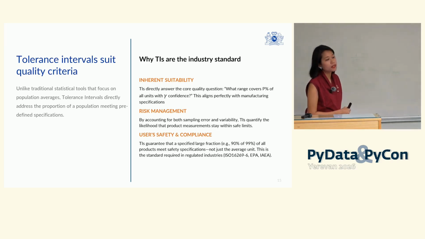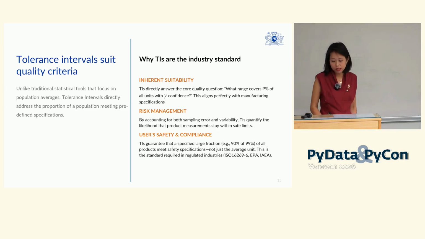So then why tolerance interval? We see that it's more fitted when we're talking about quality. Unlike the traditional statistical tools that only focus on the population average, the tolerance interval also addresses directly the proportion of your population that is actually meeting the criteria that you set.